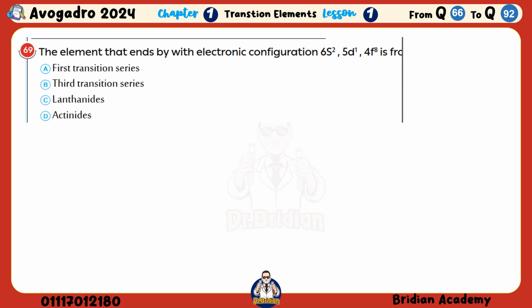Question number 69. The element that ends with electronic configuration 6s2, 5d1, 4f2 is from which one of these choices? As we mentioned before, we have two possibilities.